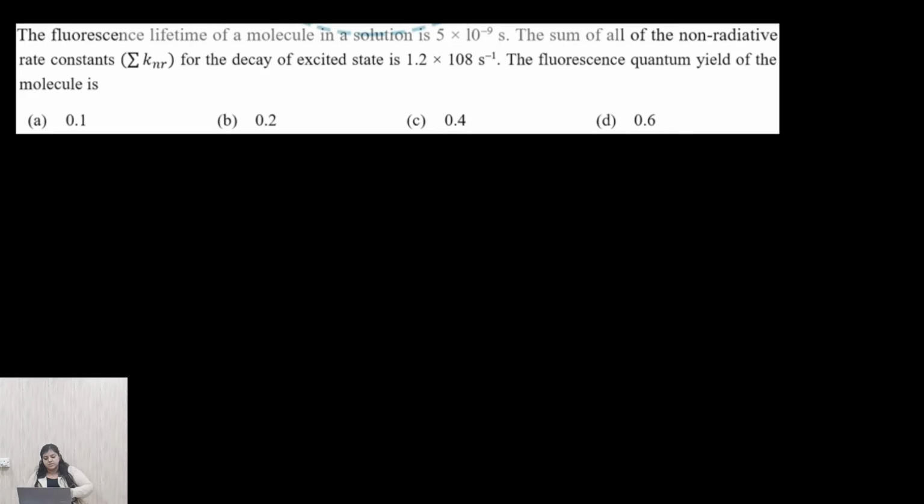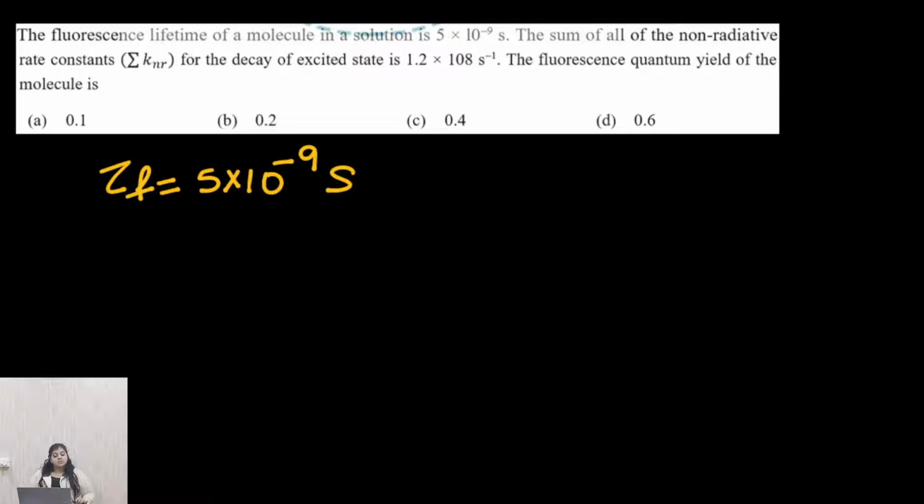Now next we have this. It says the fluorescence lifetime of a molecule in a solution is this much. So the tau f value is given to us as 5 into 10 raised to the power of minus 9 seconds.